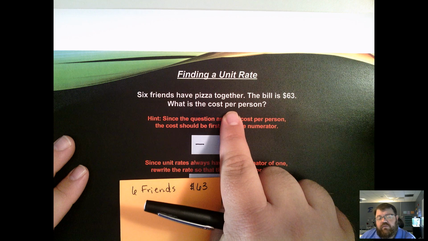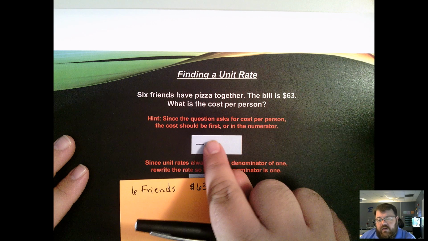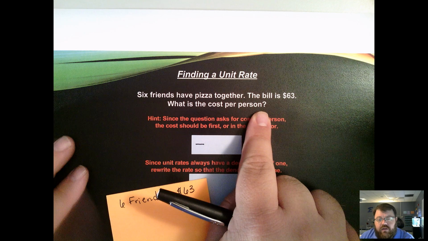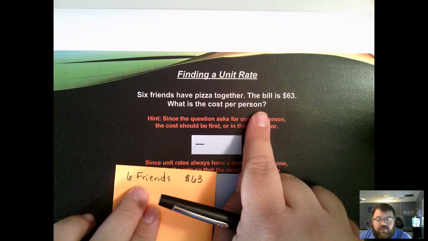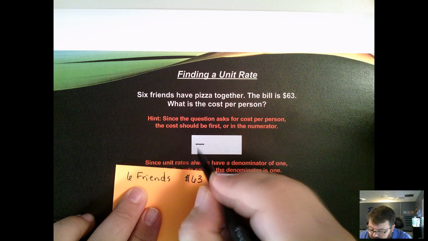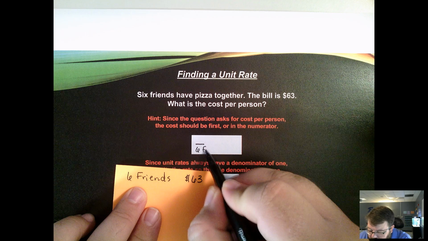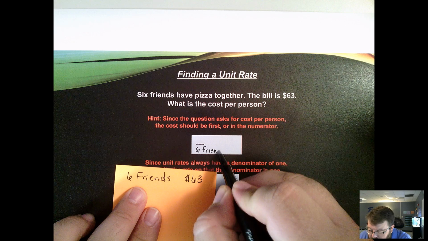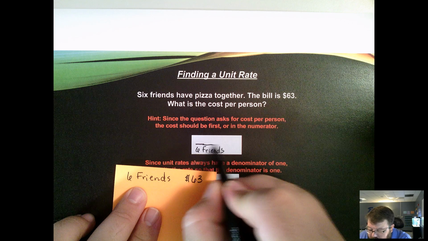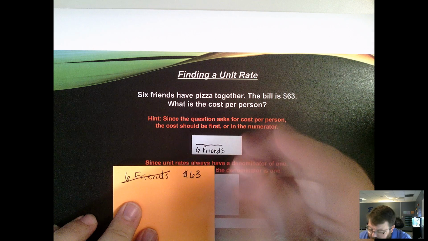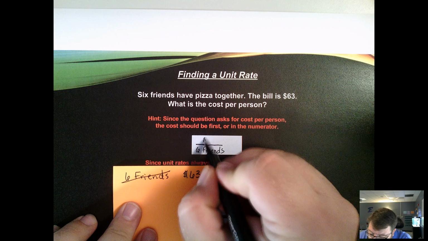Whatever unit comes after the word per goes in the denominator. Okay? So per person. In our 2 units, we're talking about friends. So we have 6 friends. So we've used this number. The only other number is the $63.